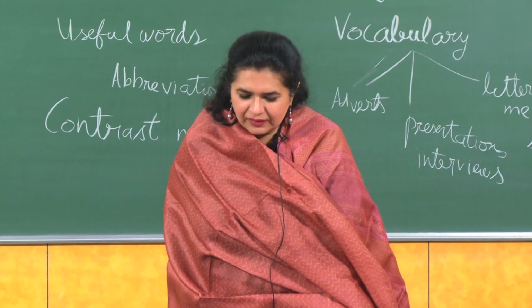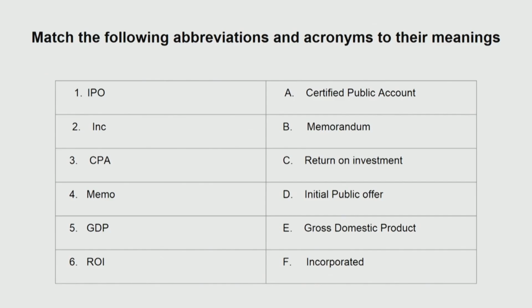Now, look at this exercise. Look at the slide, match the following abbreviations and acronyms to their meanings or to their extended forms. IPO, INC, CPA, Memo, GDP, ROI, Certified Public Account, Memorandum, Return on Investment, Initial Public Offer, Gross Domestic Product and Incorporated.